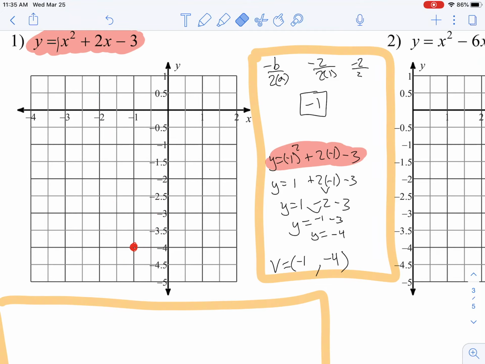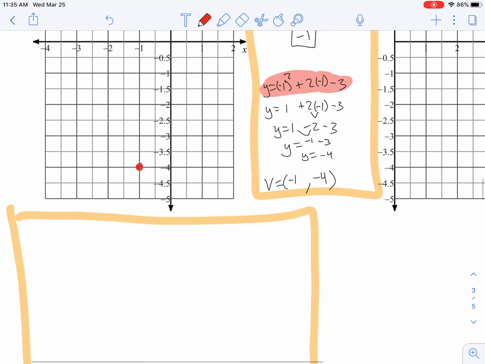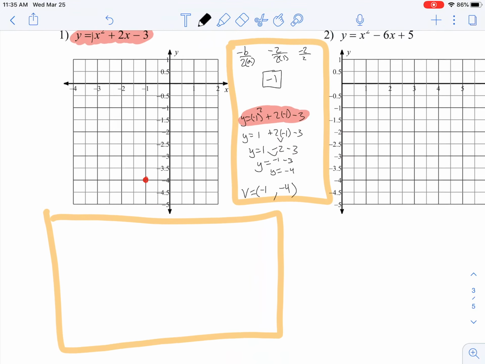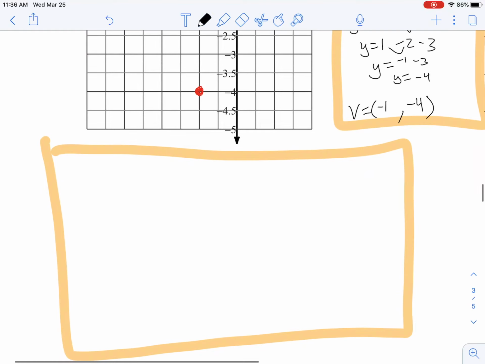So we're going to create a table and use some different points based on our vertex. If our vertex is the middle point in our parabola, it's going to be the middle point in our table. I'm going to do the work for the table down in this space. So we are going to have x, and we are going to have y.